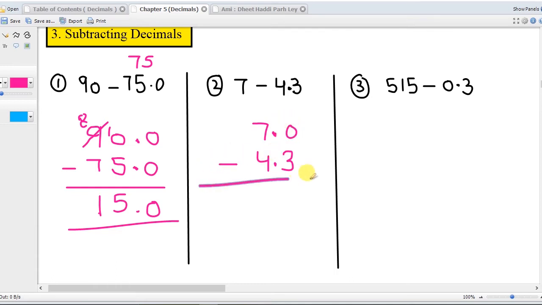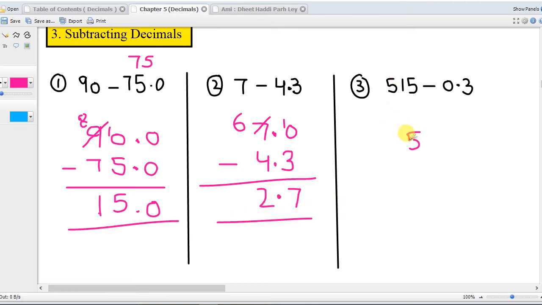Whether to write it or not is up to you. Now simply take away 0. We cannot take away 3 from this 0, so we have to take borrow from the neighborhood digit. The number 7 becomes 6, and this number 0 becomes 10. So 10 take away 3 is 7, 6 take away 4 is 2, and the decimal point we place here, and this is our final answer.